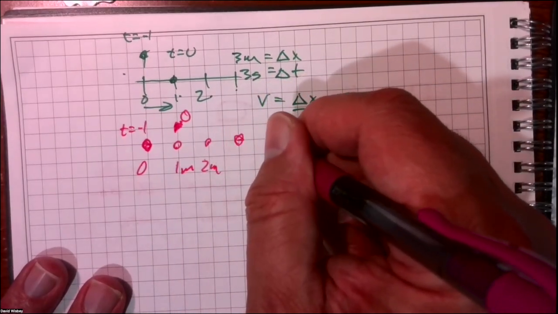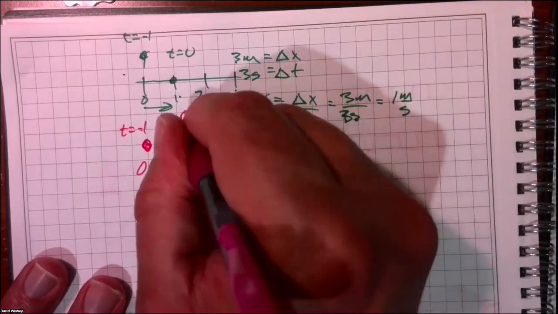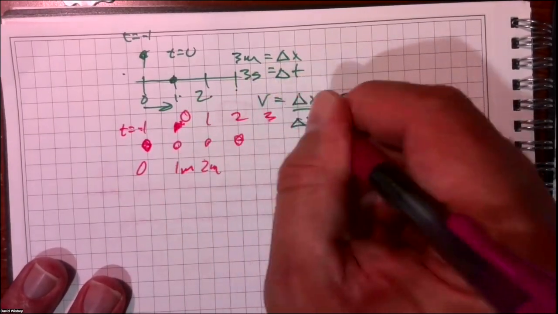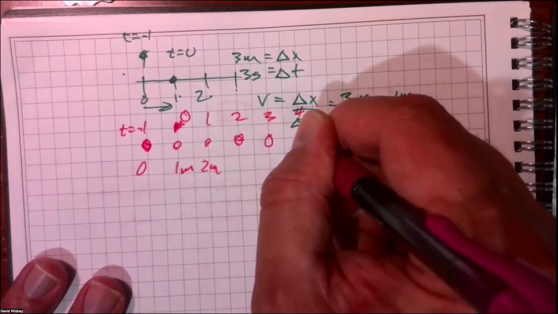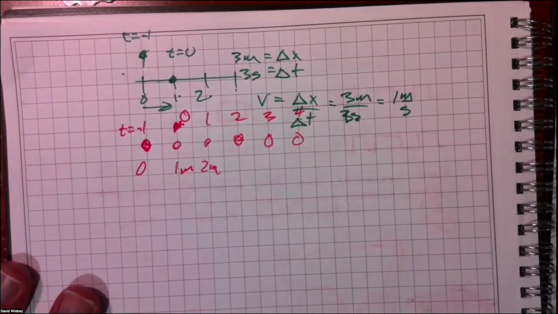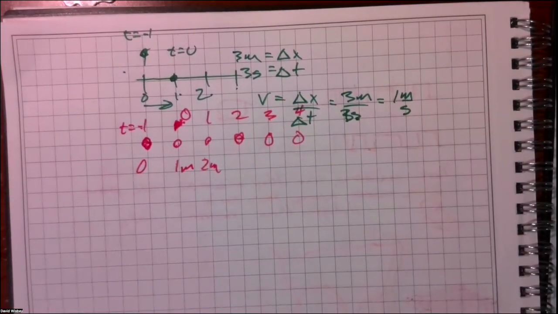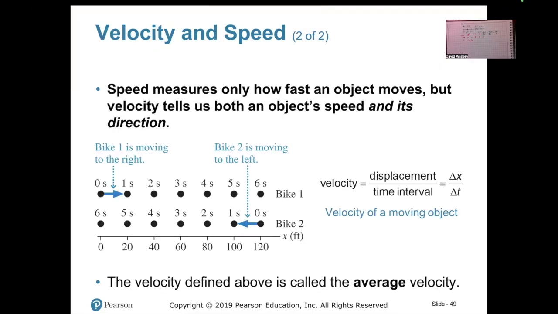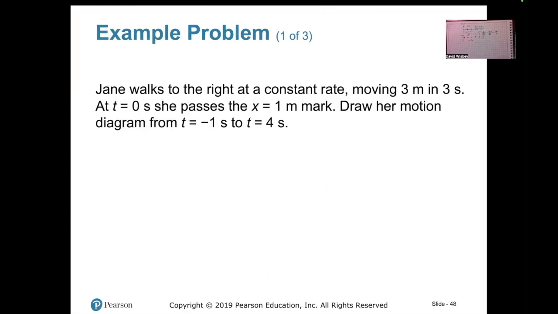And at 4 seconds is -1, 0, 1, 2, 3, and then 4. So I guess this is our motion diagram. Let's see if that is what they were going for. I think it is. Okay, so yeah, we did it. Okay, so speed measures, draw her motion diagram. I think we did it.